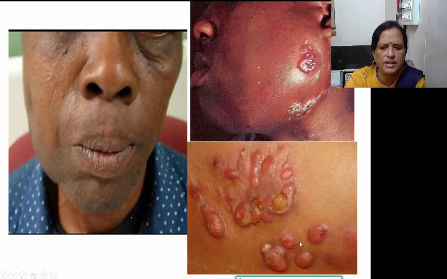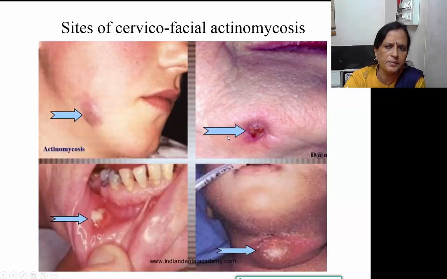This looks like pus, right? This probably is not properly seen, but you can look at the nodular lesions which are ulcerated and formed sinuses which are discharging some material. See how it is at the different stages. There's a lot of fibrosis here, so it looks like puckered skin also.